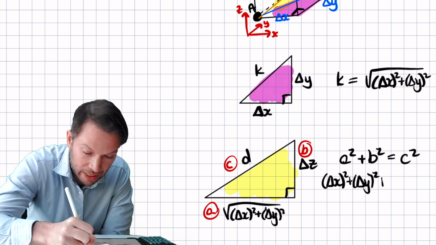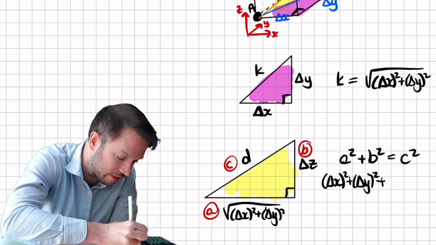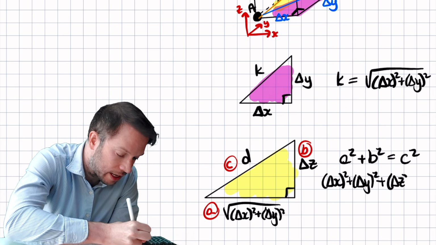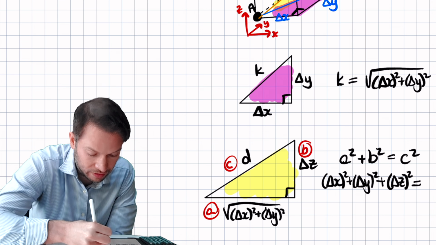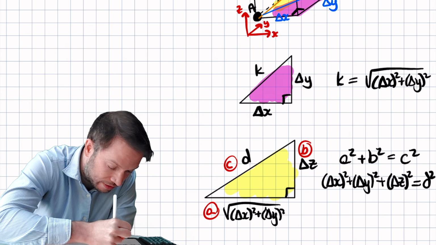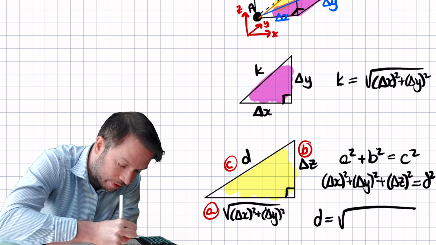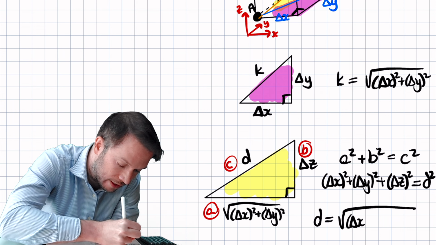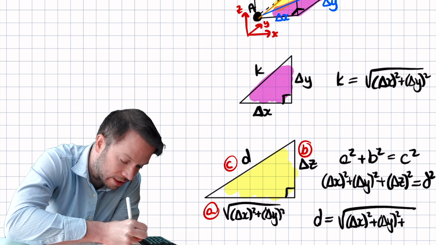And we're adding B squared, but B is the change in z. So it's the change in z squared. And that is equal to the distance squared, the c squared. And now we can square root both sides. So d is therefore the square root of the change in x squared plus the change in y squared plus the change in z squared.